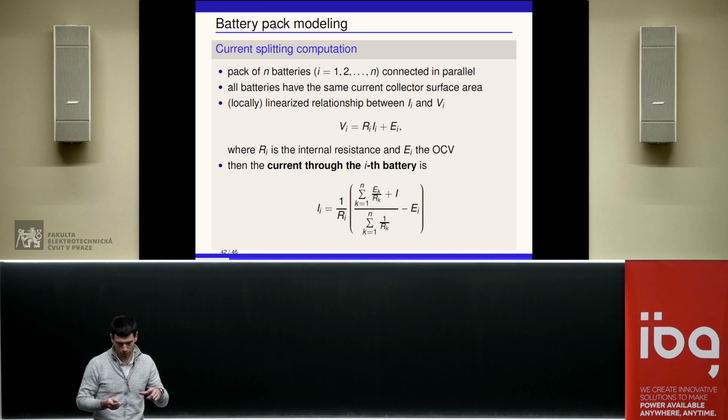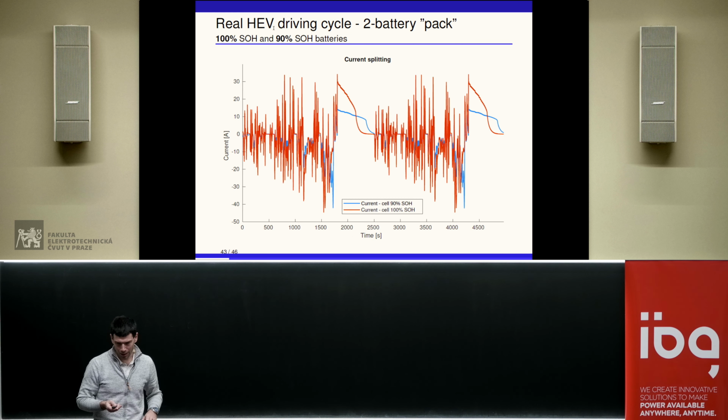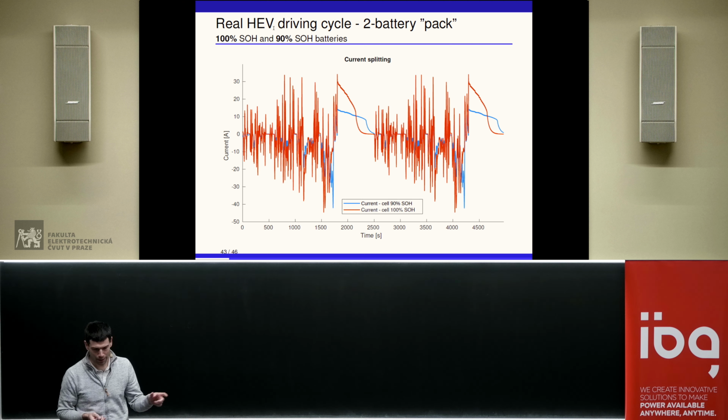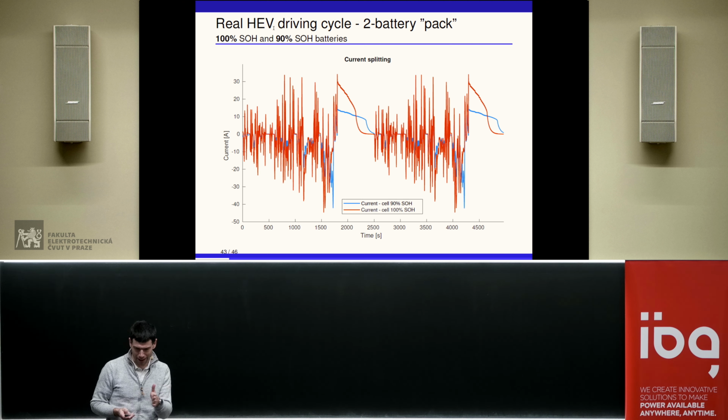So we took two of them and tested one cell which was brand new and the other one at 90% state of health, and we applied real driving cycle data which corresponded to how the battery was charged and discharged during a driving experiment.